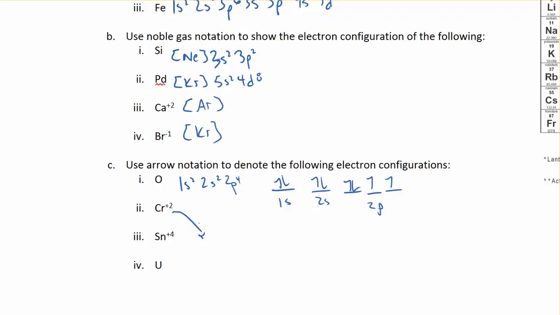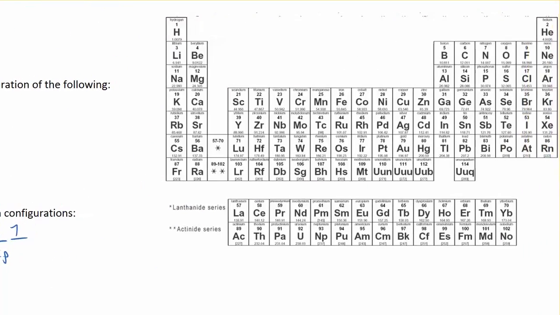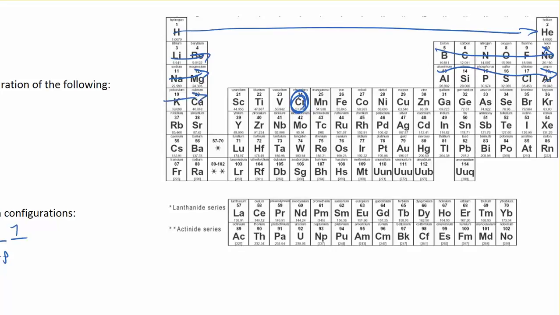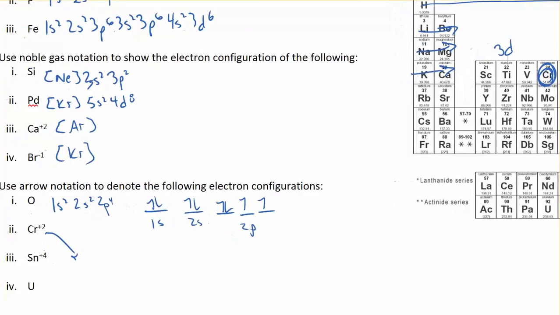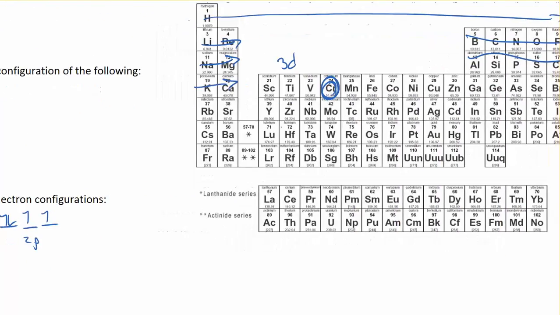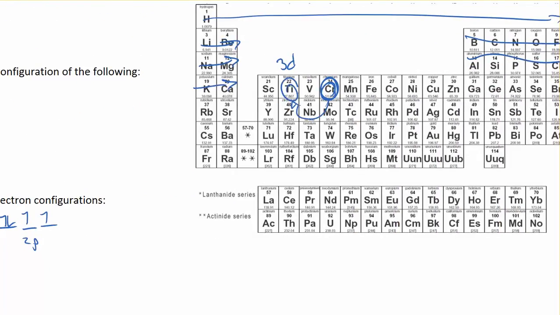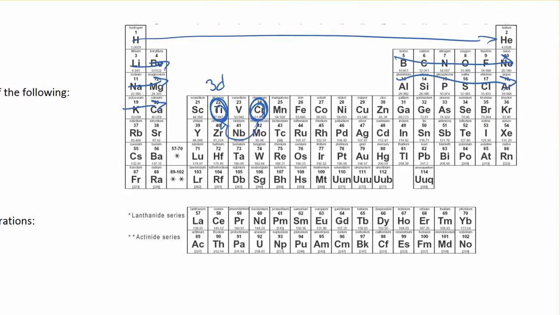Here's chromium with a +2 charge. Here's chromium, so it's going to fill the 1s, 2s, 2p, 3s, 3p, 4s, and begin filling the 3d orbital. Our particular chromium has a charge of +2, meaning it actually has the electron configuration of titanium. Just like before, I'm going to use a noble gas to make it a little bit shorter.